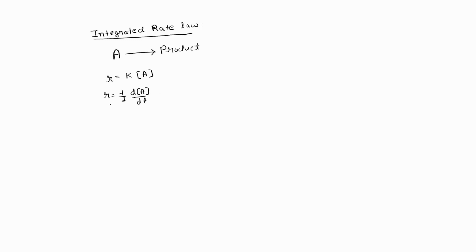Both rates are the same, so minus dA by dt is equal to K concentration of A. Now dA by A is equal to minus K dt.